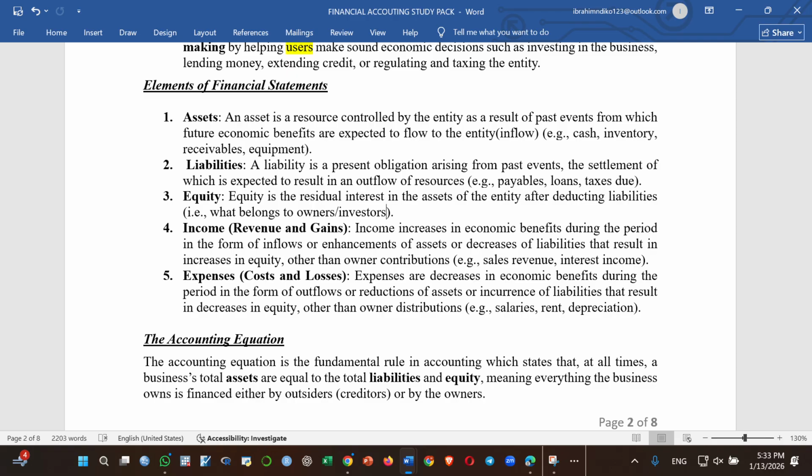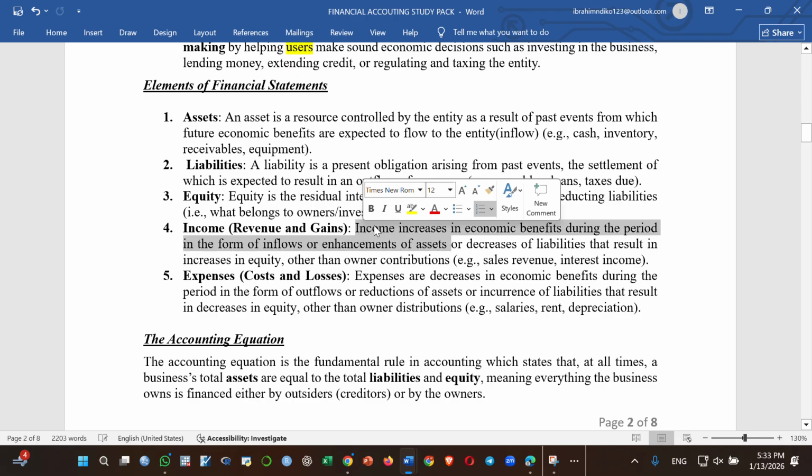So when we talk about income, which is a form of revenue and gain, we exclude the owner's contribution. So income is an increase in economic benefit during the period in form of an inflow or enhancement of an asset. Up to that point, this one could be a good definition of an income. We can use that one. We ignore the other one.